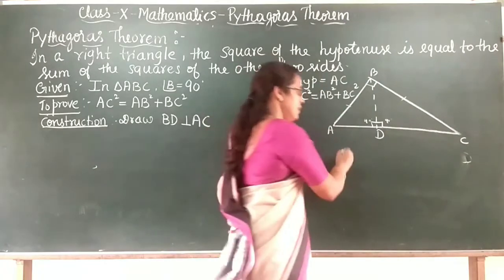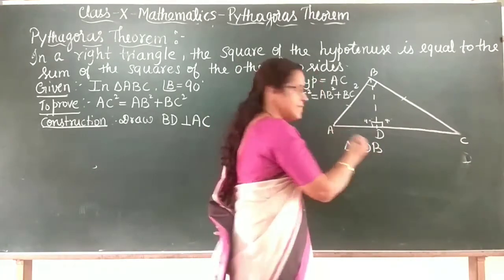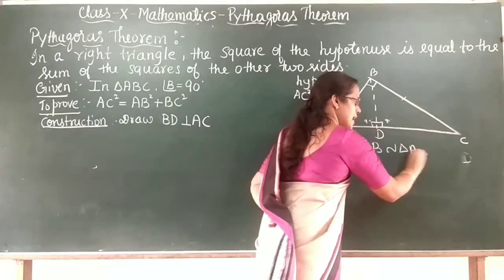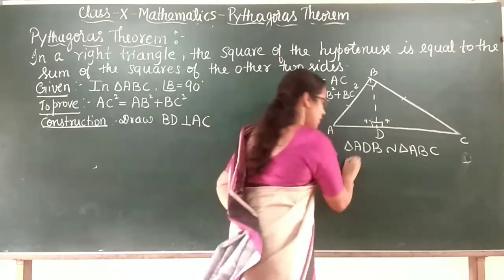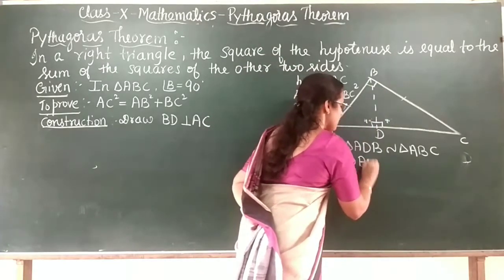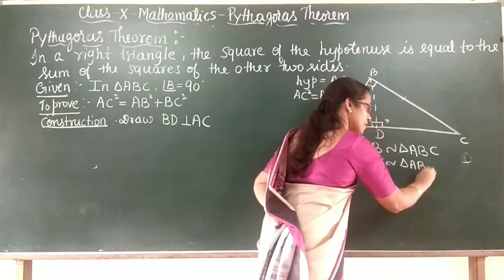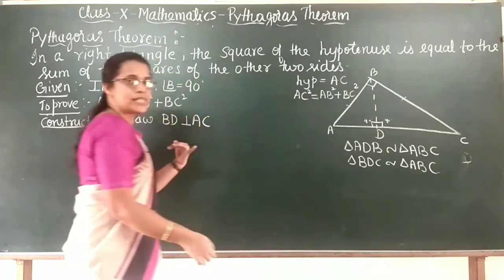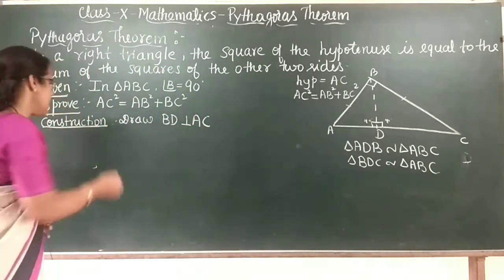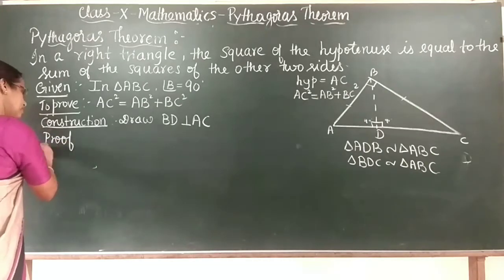Just now we have seen triangle ADB is similar to triangle ABC. You already learned this. So even BDC is similar to triangle ABC. Did you learn this or not? Through the previous theorem we have to prove this. So let us prove it now.